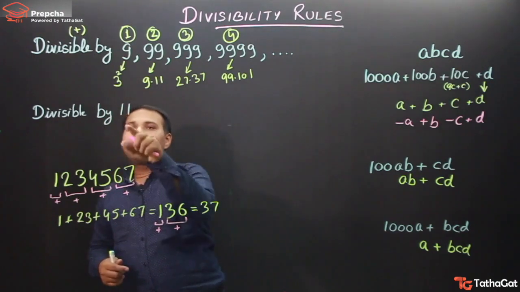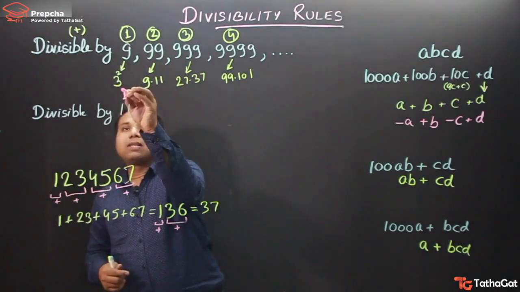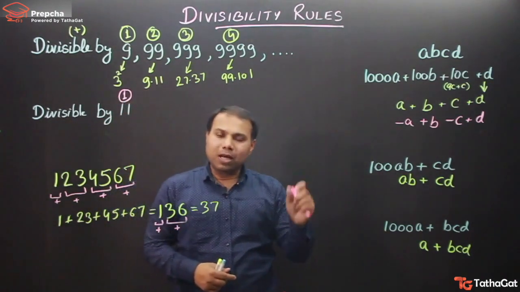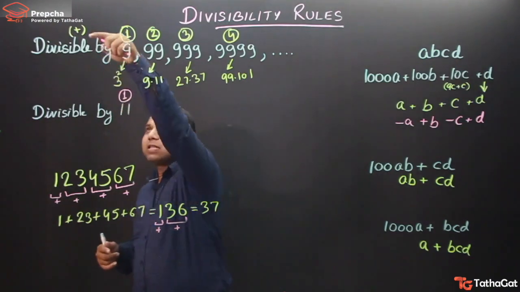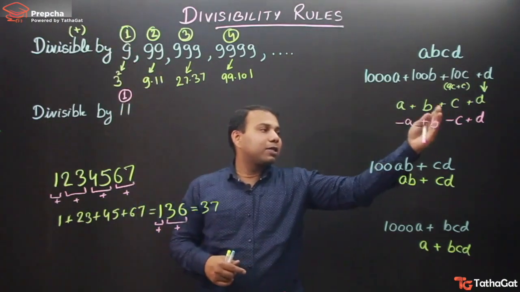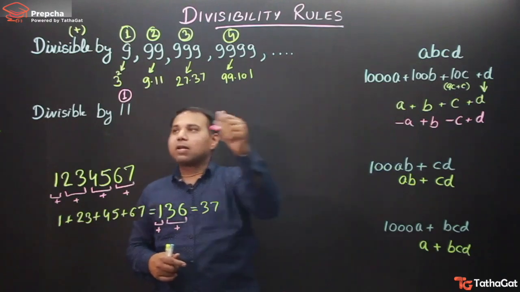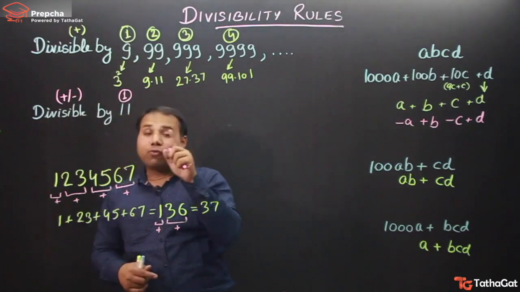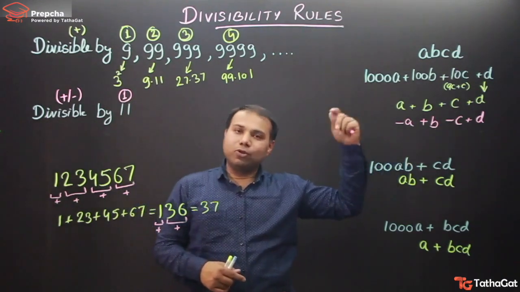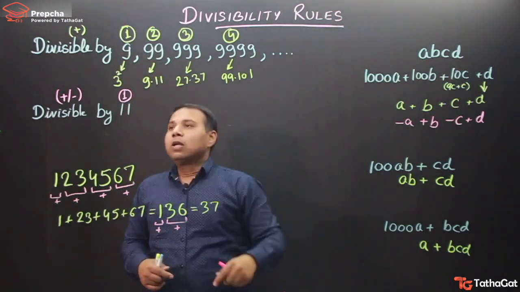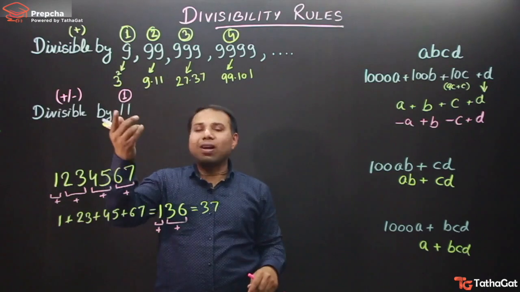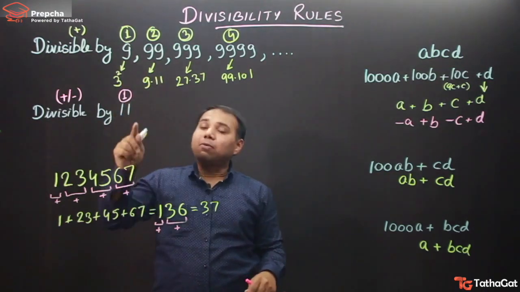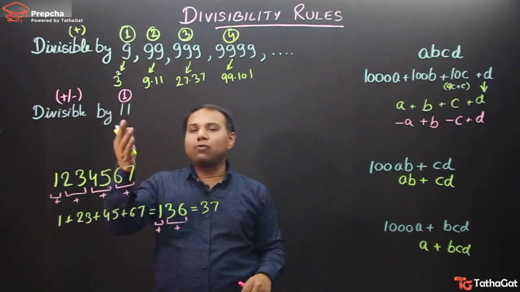For 11, I need to make groups of a single digit at a time, but the groups are not added every time as before. Now the digits are alternately plus and minus, with the first group from the rightmost digit being positive, then the next negative, and so on. This rule is valid for its factors as we did earlier, but 11 is a prime number, so this rule is valid only for 11.